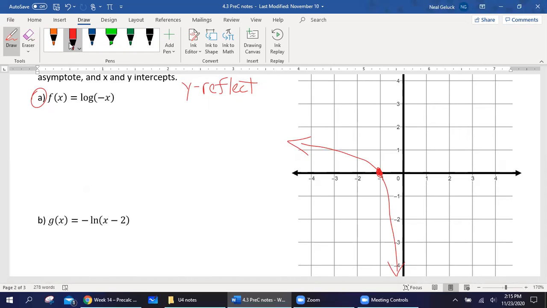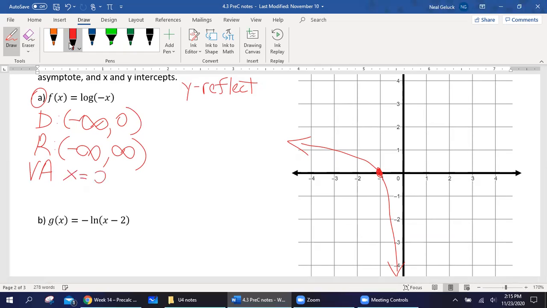It wants the domain and range. Well, on this one, the domain, I'm going infinitely left because it's shooting off to the left to 0. The range is everything, -infinity to infinity. The vertical asymptote is still the y-axis, which is the equation x equals 0.